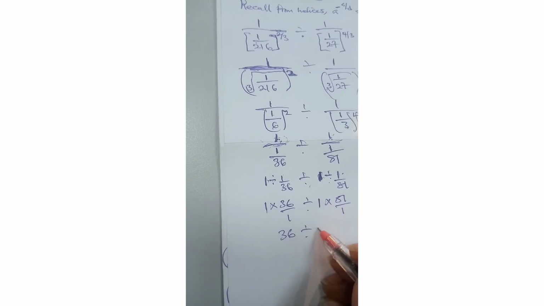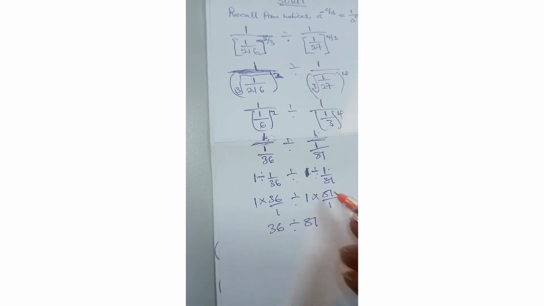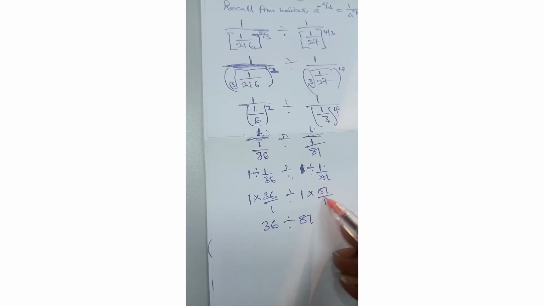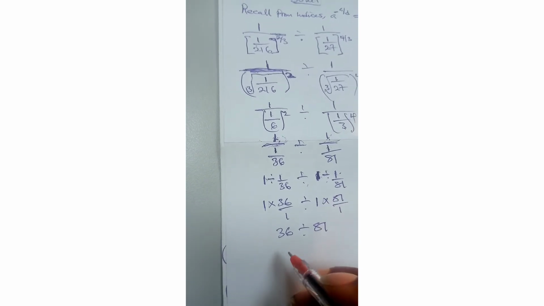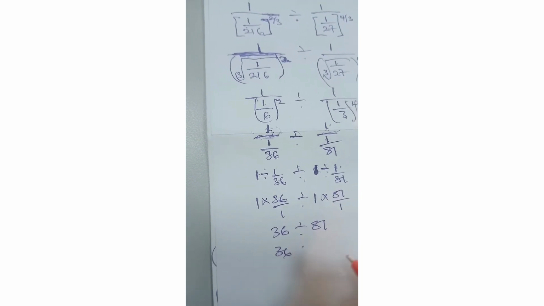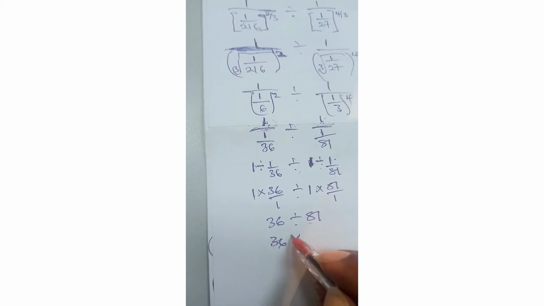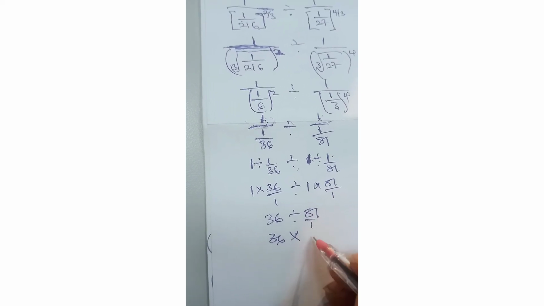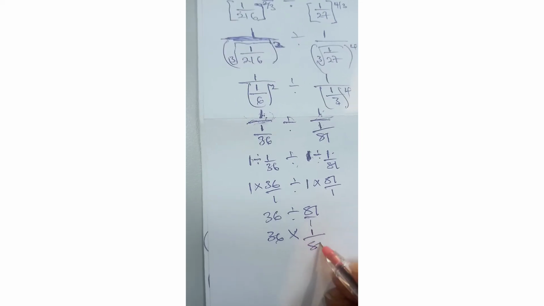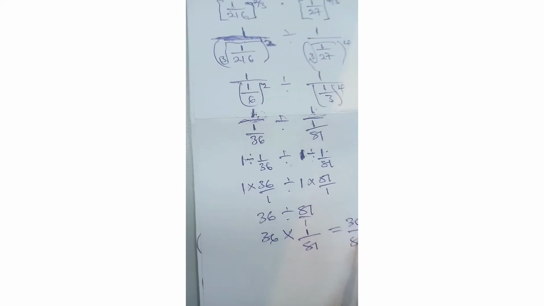So at this point we are going to have 36 divided by 81. Everything multiplied by 1 here gives you 36, and 1 multiplied by 81 gives you 81. Remember, this is over 1 here. So when you change this to multiplication, the 1 will come up and 81 will come down. So at this point you have 36 divided by 81.